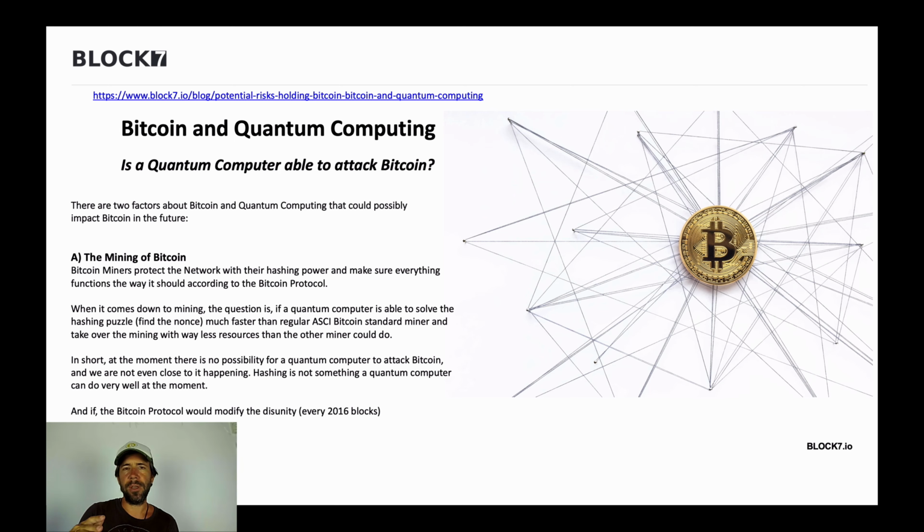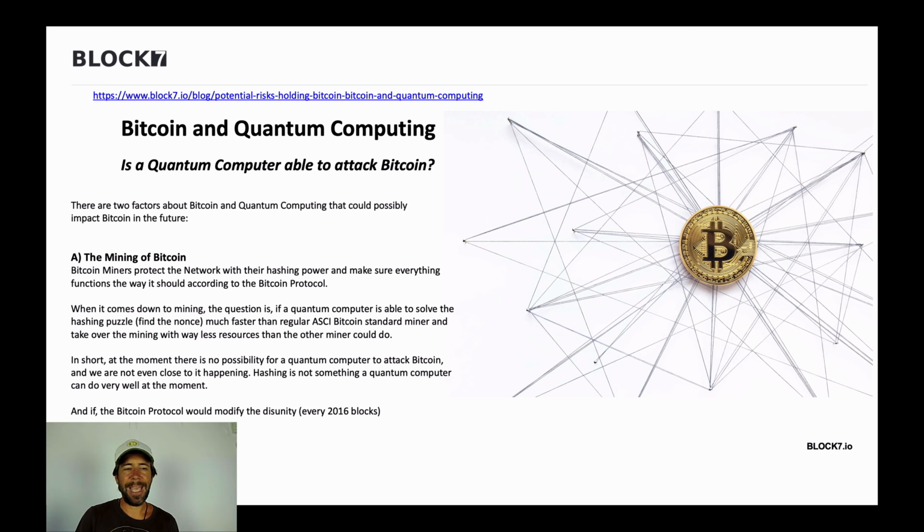Then the network would get adjusted, and then we have a situation that we don't know how we're going to handle, because theoretically, if the difficulty gets moved up and it gets much more difficult for the miners to mine, then theoretically just this one quantum computer would be able to actually mine, because the others are much weaker.